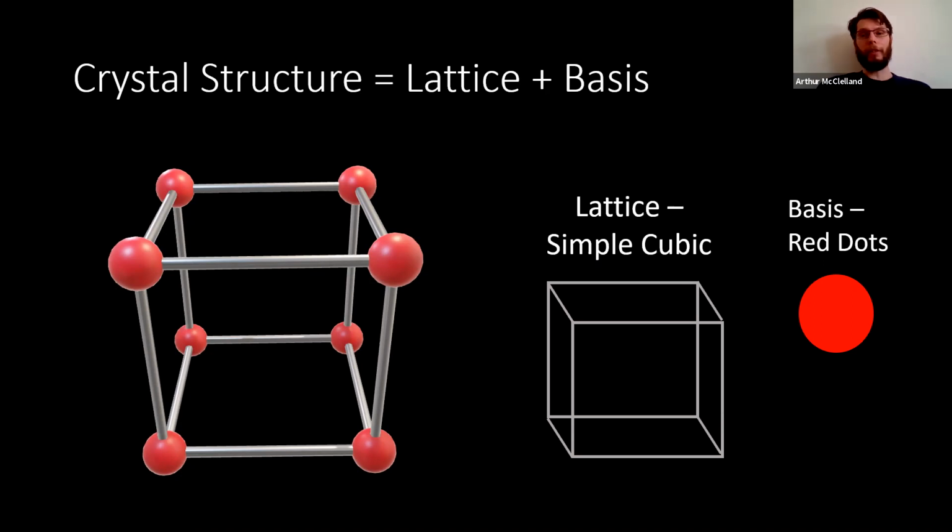The basis doesn't have to be a single atom, it can be multiple atoms. You can have molecular crystals, or you can have protein crystals. But mathematically, this is how you start describing crystals. You have a specific lattice and you have a basis, which is the repeating unit. And it's mathematically an infinite array, infinitely repeating.